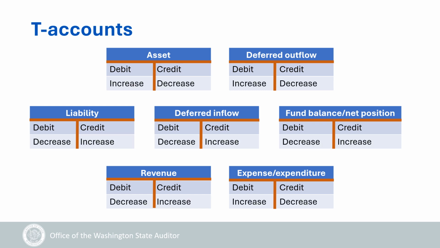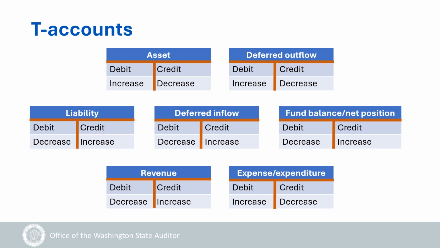Remember earlier when we talked about normal account balances? An asset has a normal balance of debit, so that means a debit will increase the asset account, while a credit will decrease it. Same for the deferred outflow and expenses, since their normal balance is a debit.